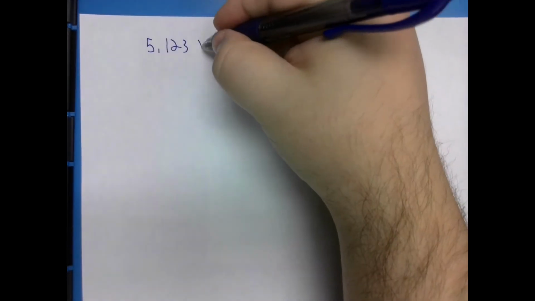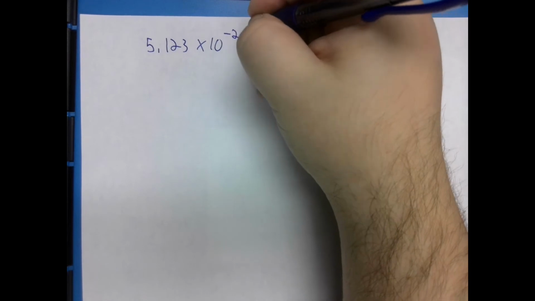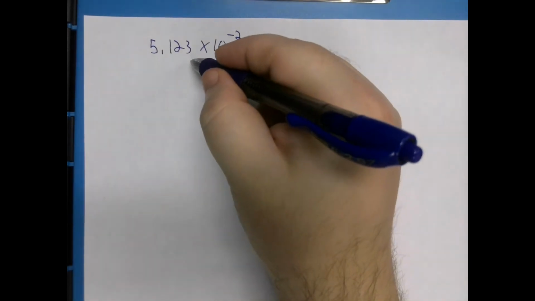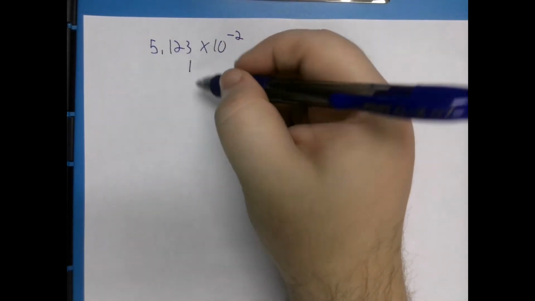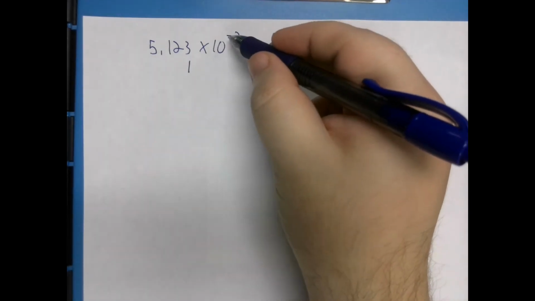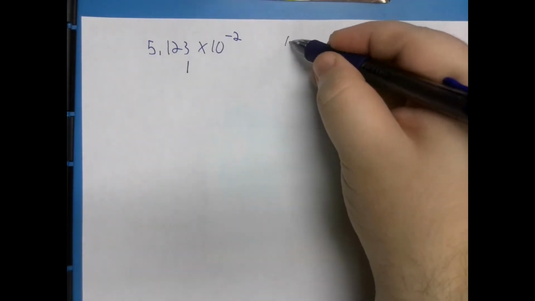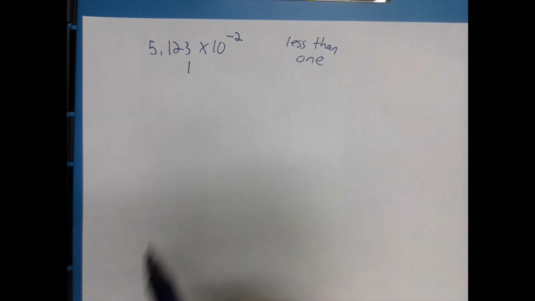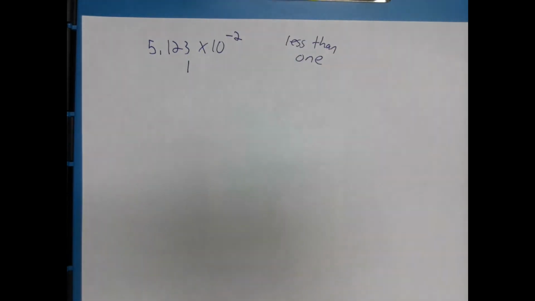Alright, let's now convert the other way. 5.123 times 10 to the negative 2. I want you to put this in normal notation, standard notation. So what I do, first of all, 10 to the negative 2 tells you this is going to be less than 1. The negative here means less than 1.